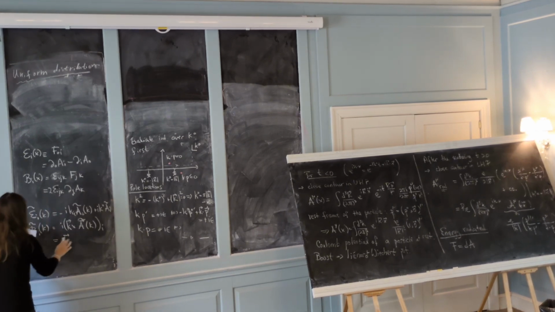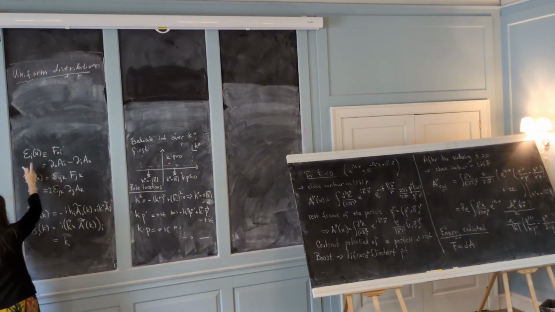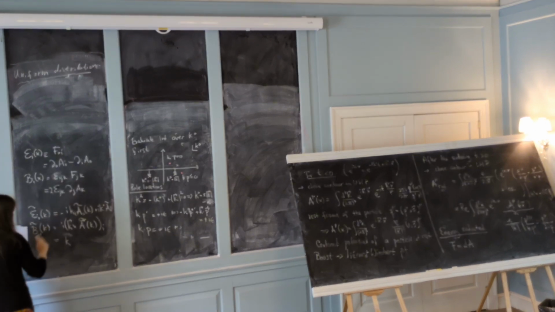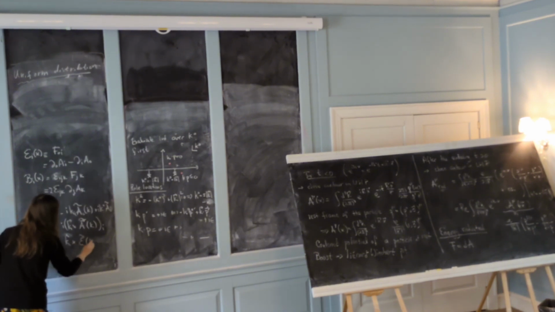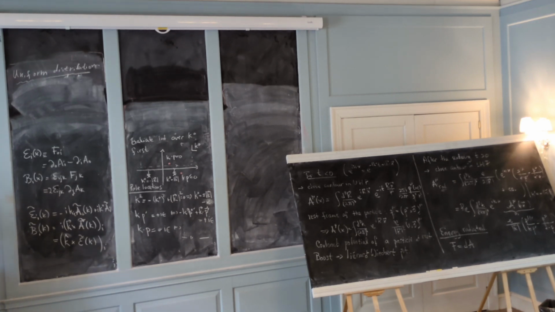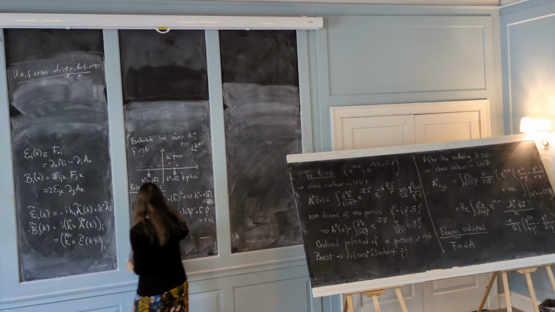You can check, using the formula for the electric field, that this is nothing but the unit k vector crossed with the Fourier transform of the electric field, the ith component. Okay?